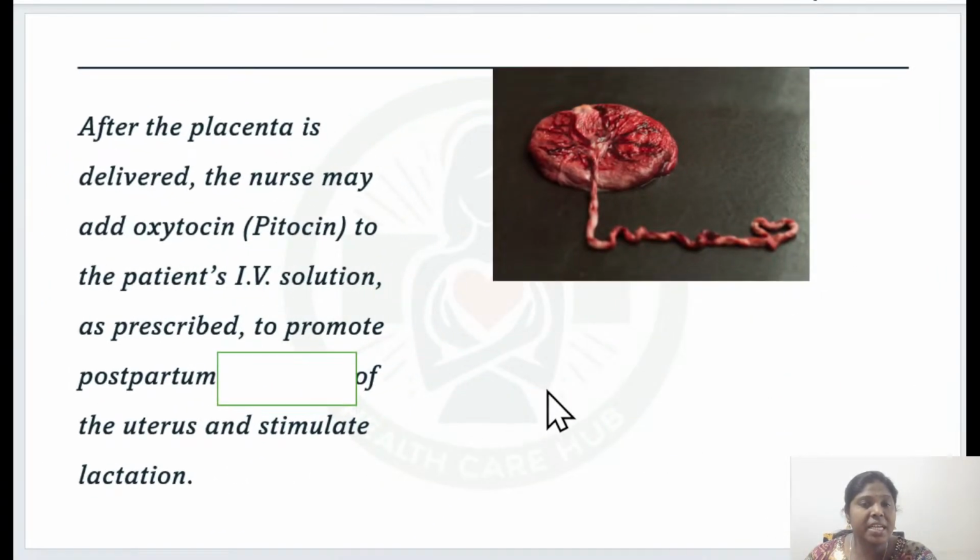Next, after the placenta is delivered, the nurse may add oxytocin to the patient's IV solution as prescribed to promote postpartum dash of the uterus and stimulate lactation. See, after the delivery, the uterus goes through a series of events.